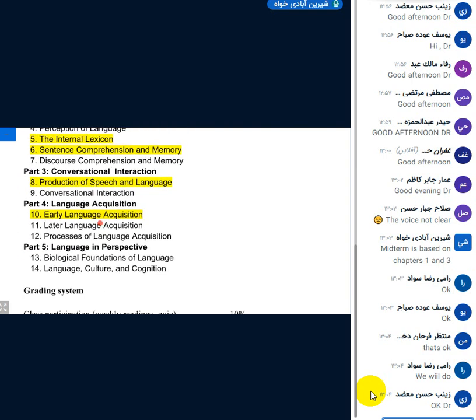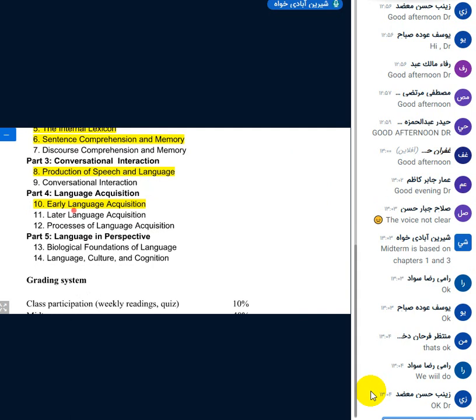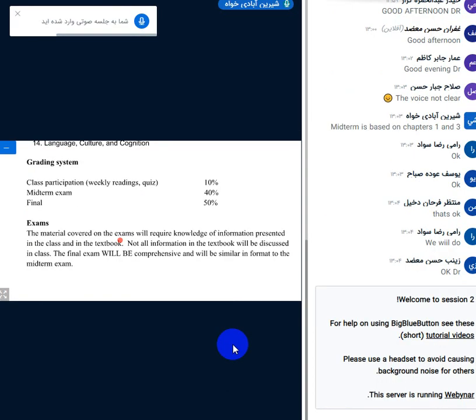We have another topic, which is early language acquisition, that I mentioned in addition to the lectures in the class, because during the lecture I give you more examples.